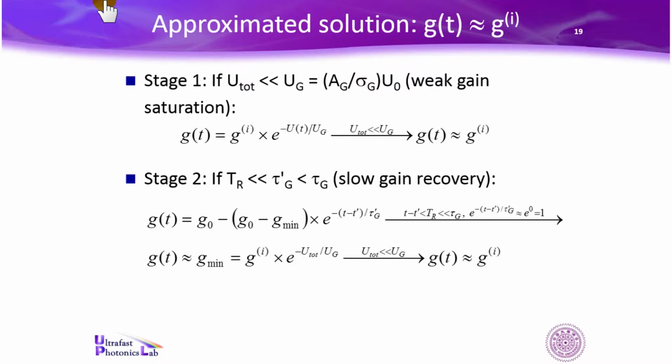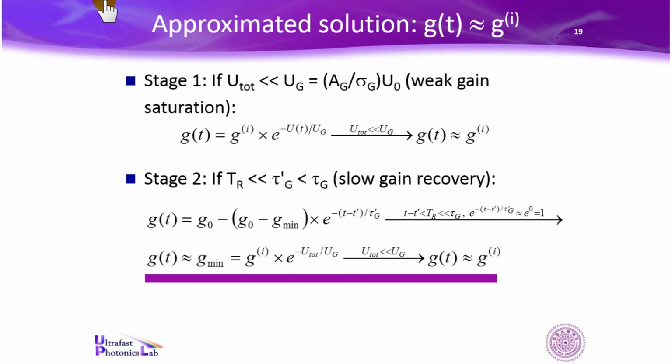In stage 2, the gain dynamics is close to a constant G minima. But according to the stage 1 formula, we know the minimum gain is nothing but initial gain times an exponential decay term. And if you use the same approximation as before, the factor is close to constant 1 as well.